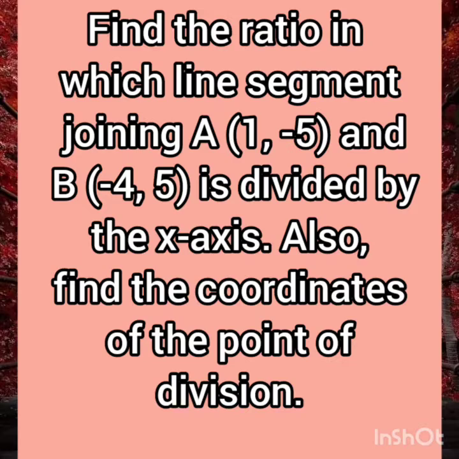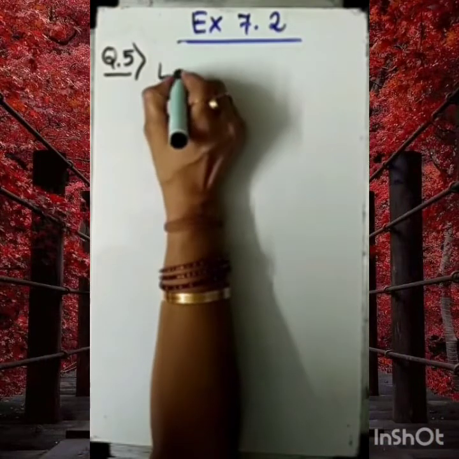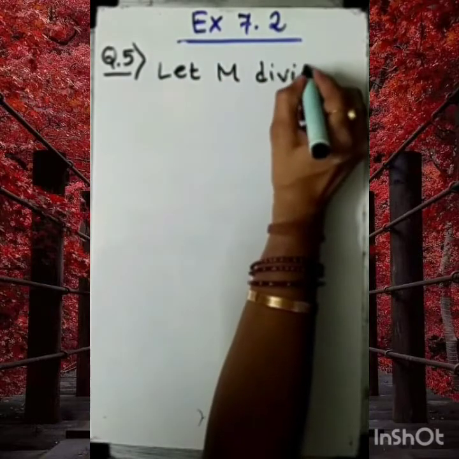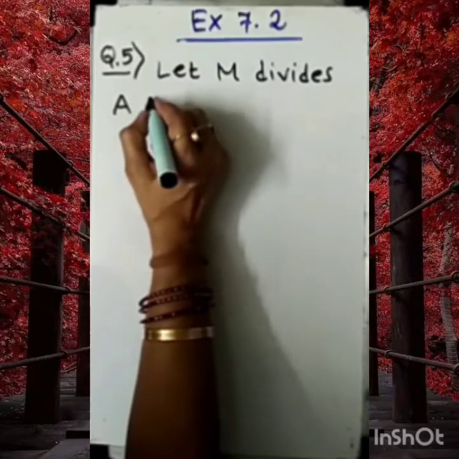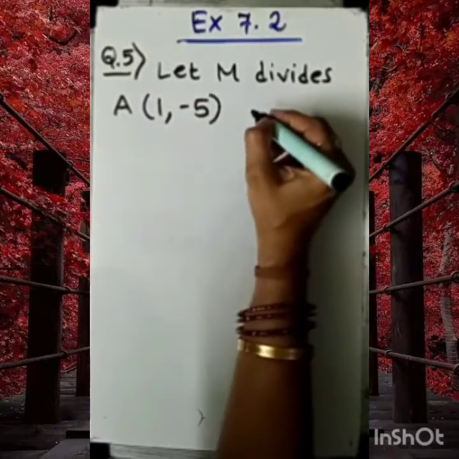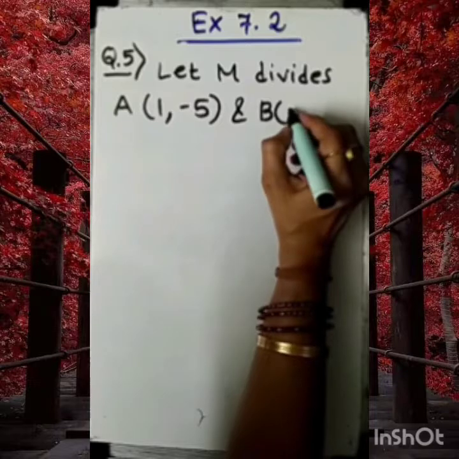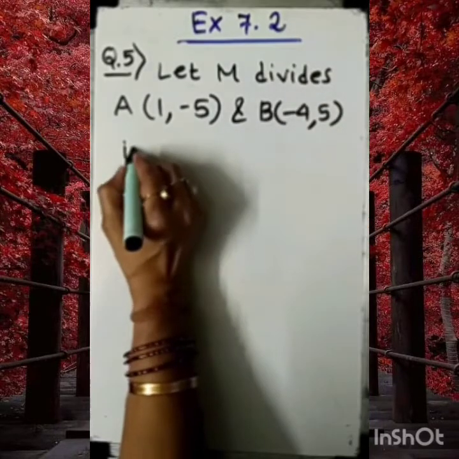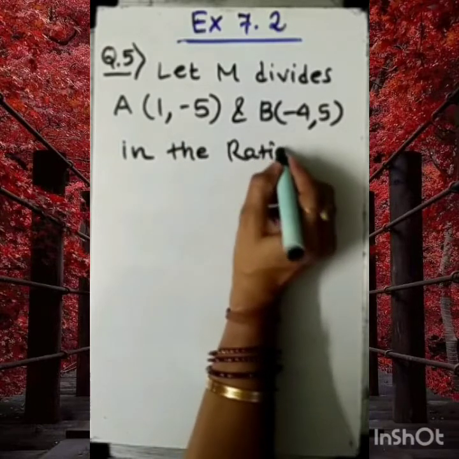So let's begin our solution. Let M be the point I am choosing that divides A, given as (1, -5), and B, given as (-4, 5). Please note down carefully. They are in the ratio, which is not given, so for the ratio I am choosing k is to 1.